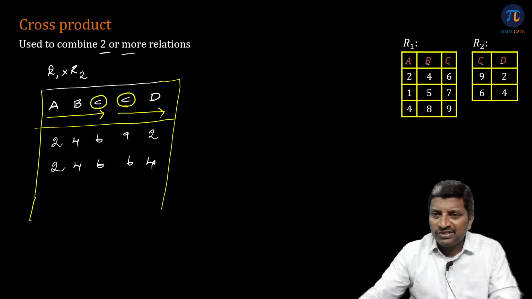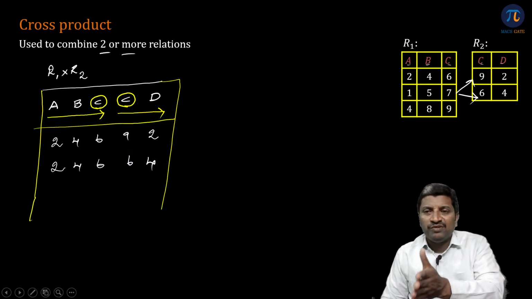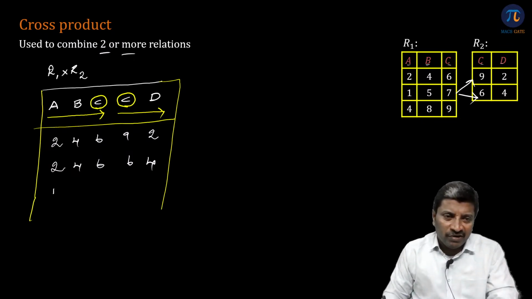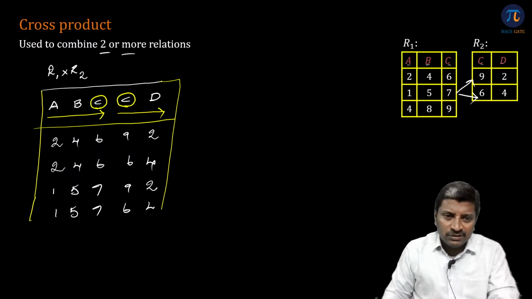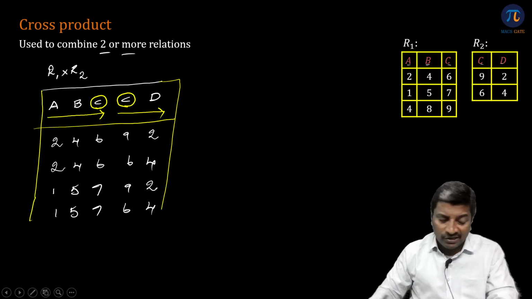What about the second element, sir? 1, 5, 7. It should be matched with two records. 1, 5, 7, 9, 2. Again 1, 5, 7, 6, 4. So we are done with the second record of the first relation.